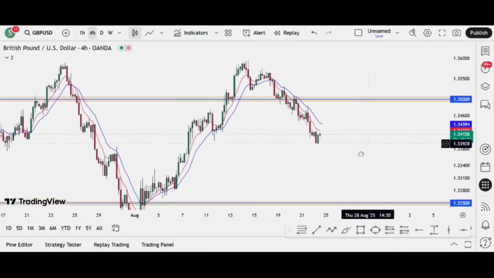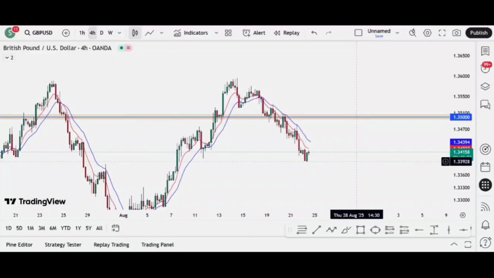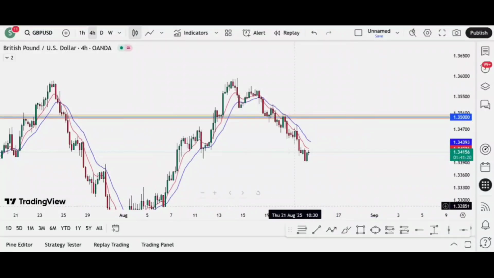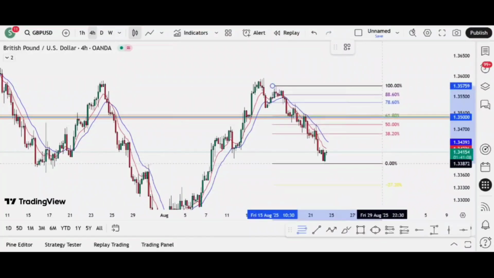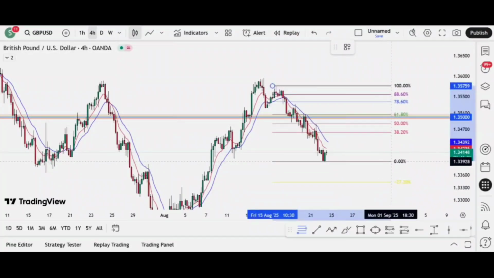Okay. After the structure, I'm going to tell you about the Fibonacci because Fibonacci is very important because price retests at the level of Fibonacci. Fibonacci is drawn from the recent lower high to the lower low at this level.